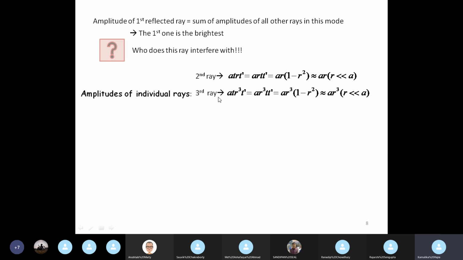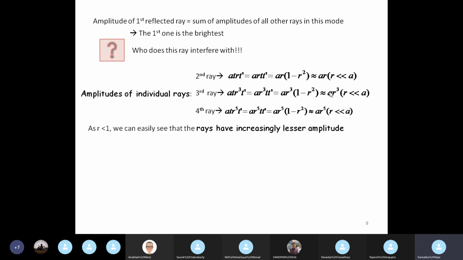Third ray, ATR cube t prime, so AR cube TT prime. So this is approximately equal to AR cube. Fourth ray will be approximately AR to the power 5. Now again, since R is a fraction, so higher the power, lesser is the value of this product over here. Therefore, we can easily see that the rays have increasingly lesser amplitude.